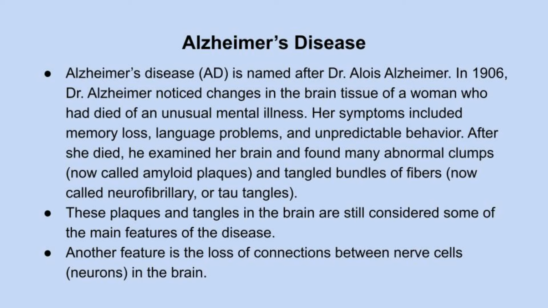Now we call those clumps amyloid plaques, and he also found tangled bundles of fiber. And now we call those tau tangles. So these plaques and these tangles in the brain are still considered some of the main features of the disease. Now, another feature is the loss of connections between the nerve cells or the neurons of the brain.